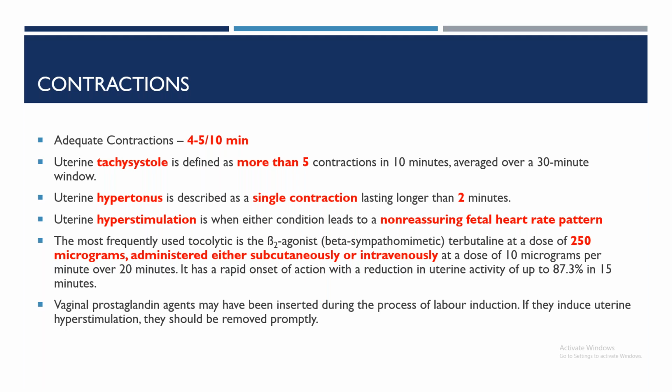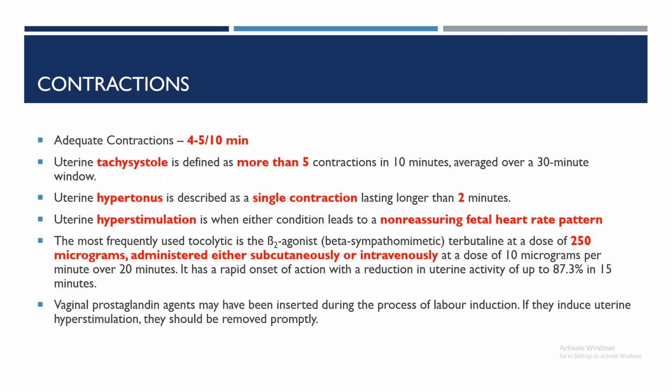So whenever you see hyperstimulation in the CTG, or either tachysystole or hypertonus, the first thing you have to do is, if oxytocin is going on or any prostaglandin is used, you have to remove the prostaglandin pessary, or reduce or stop the oxytocin.